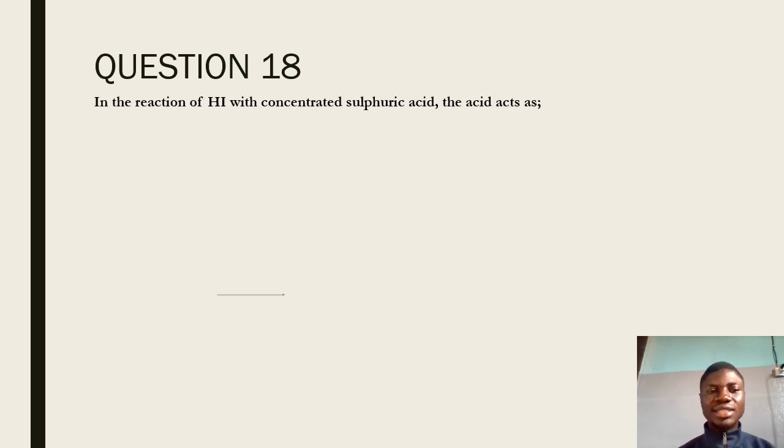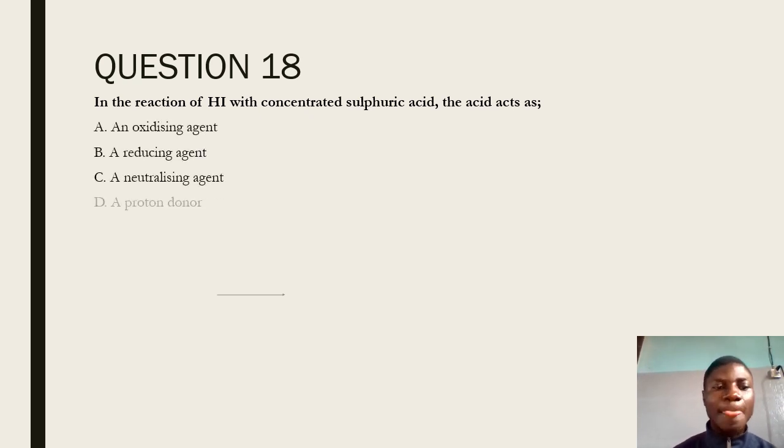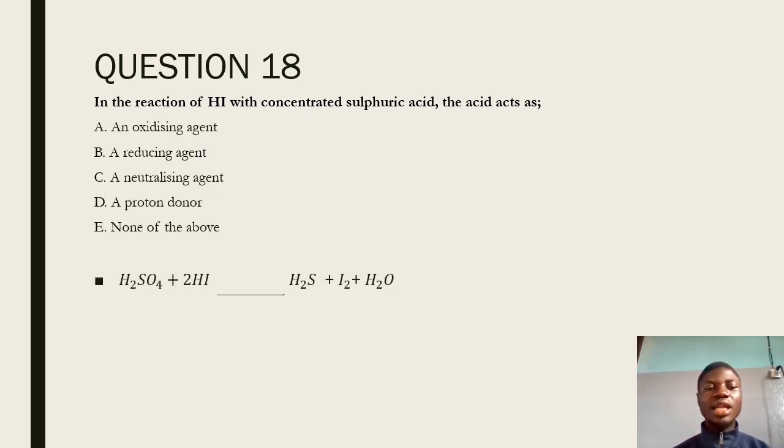Question 18 says, in a reaction of hydrogen iodide with concentrated sulfuric acid, the acid is acting as. It will be very important for us to know that from the equation that has been given, we are going to write our equation. Sulfuric acid plus hydrogen iodide is going to give hydrogen sulfide plus iodine plus water.